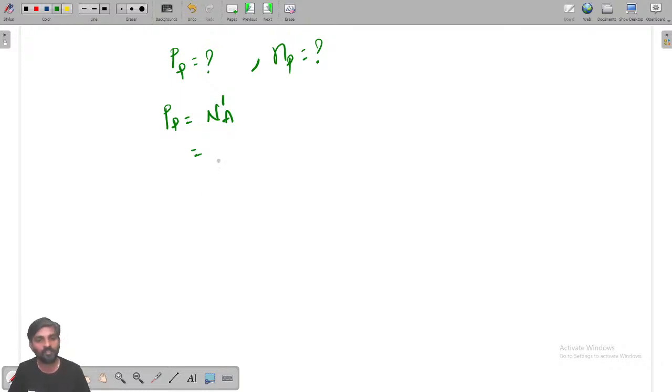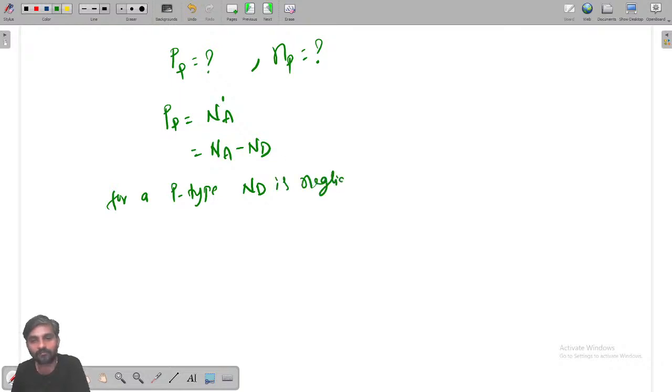You may have a doubt why: NA dash is equal to NA minus ND. For a p type, is ND negligible or not? Here, is ND negligible? No, it is almost the same.